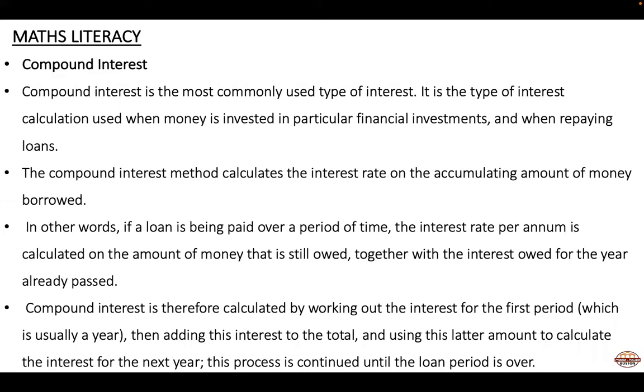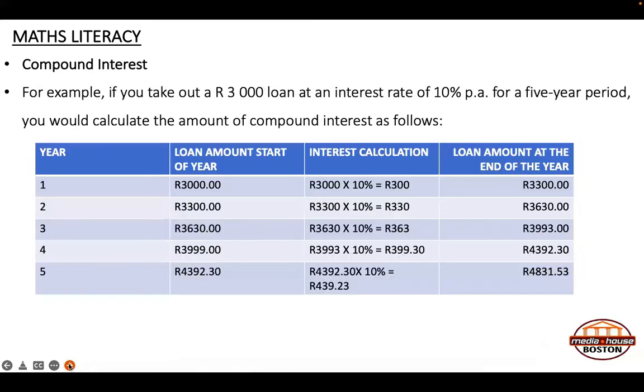So compound interest is calculated by working out the interest for the first period, which is usually a year, then adding this interest to the total and using the latter amount to calculate the interest for the next year. This process is continued until the loan period is over. Okay, so it's different from simple interest. Here we have an example.